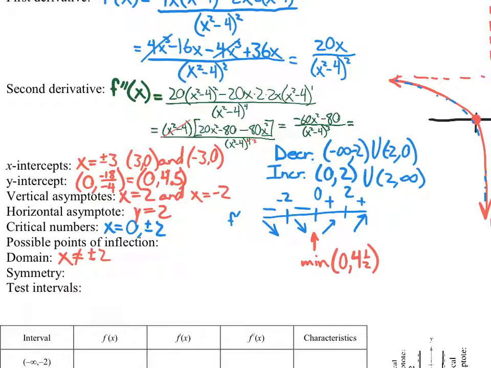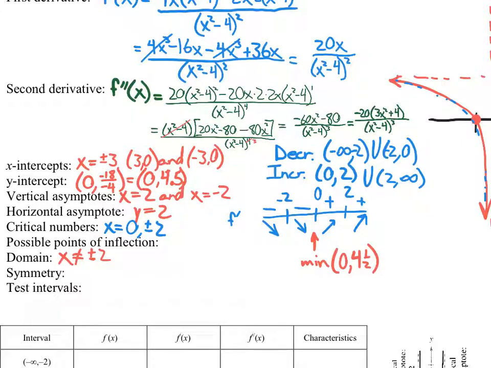If I take out a negative 20, that's going to give me a 3x squared plus 4, right? So what's going to make my numerator 0? Square root of minus 4 over 3. All right, and is the square root of minus 4 over 3 a real number? No, it's not. So there's nothing here. There's no real number that's going to make this equal 0.